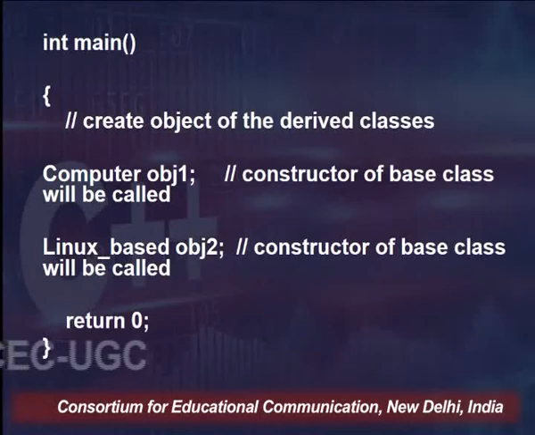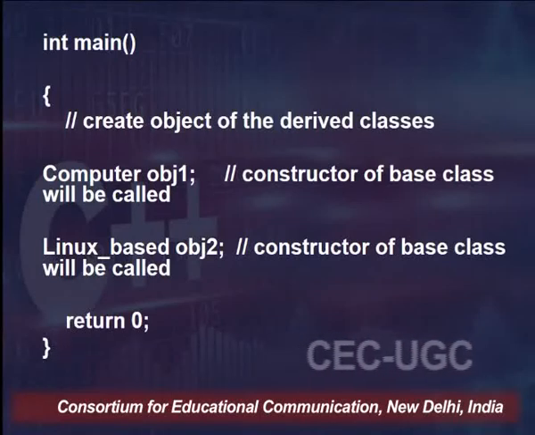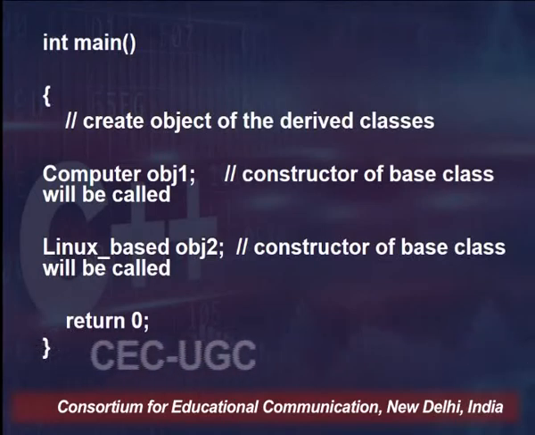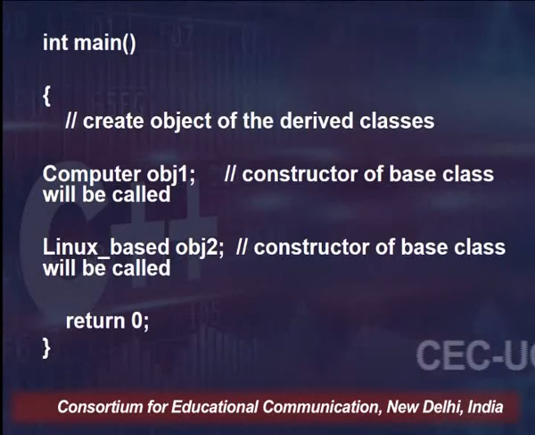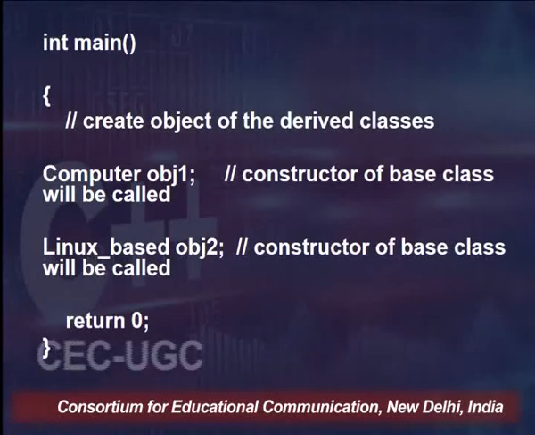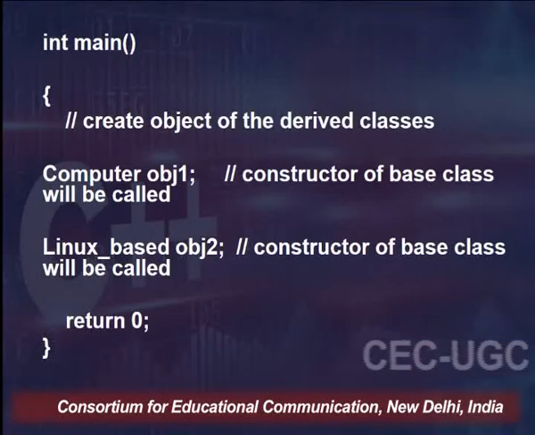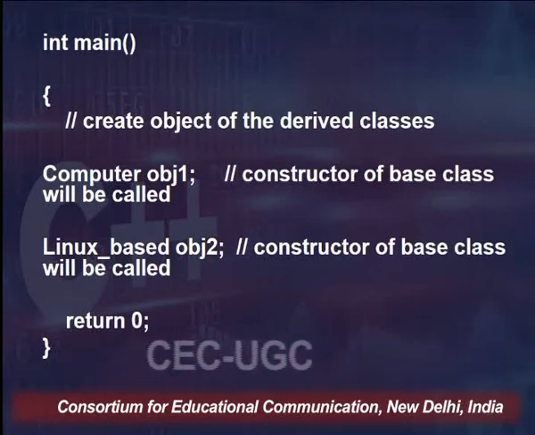Now in the main function, we are constructing the object of the class computer and the object of class Linux based, named obj1 and obj2. So here you can see int main. Then in order to create the object of the derived class, we have written computer obj1, where the constructor of the base class is being called.